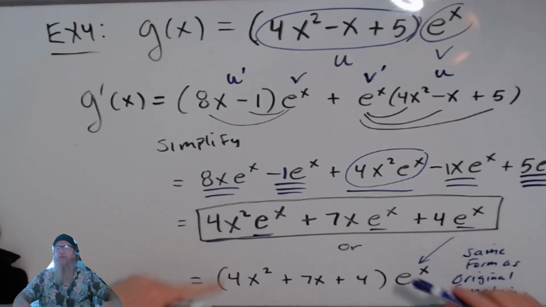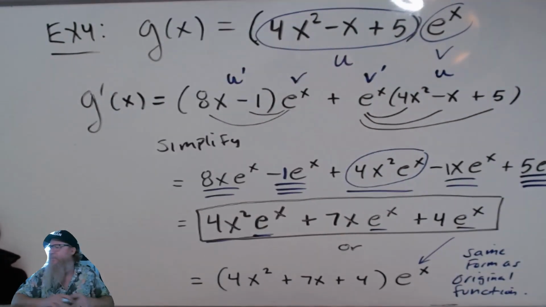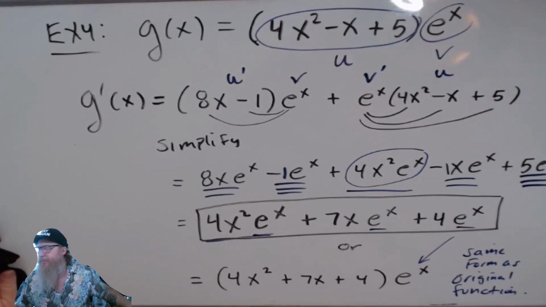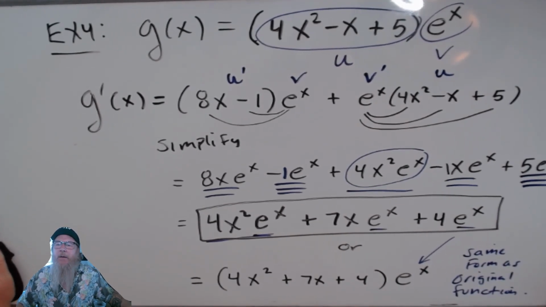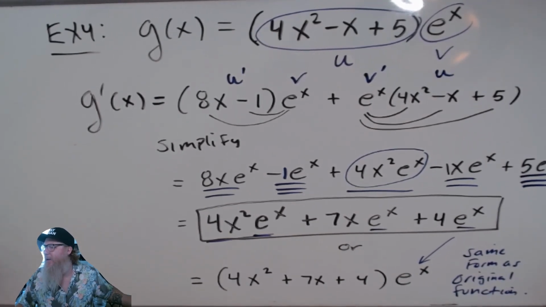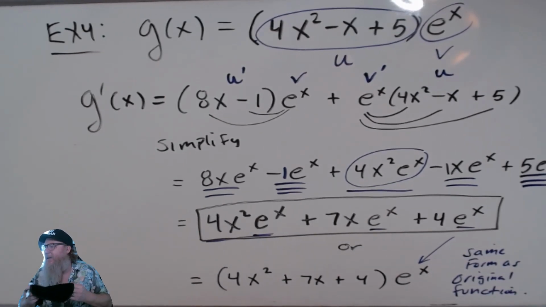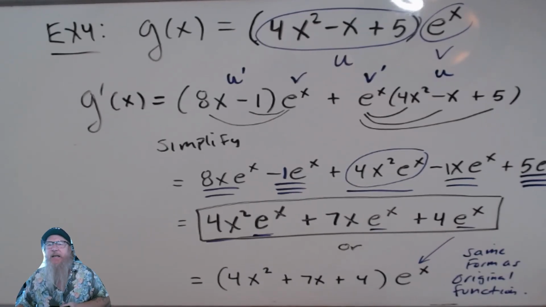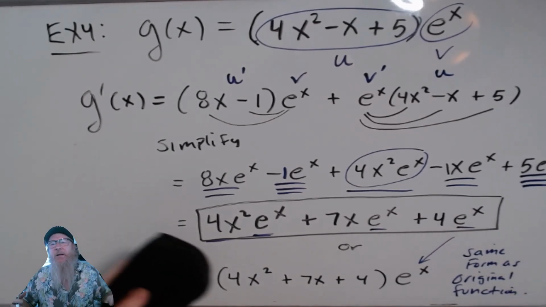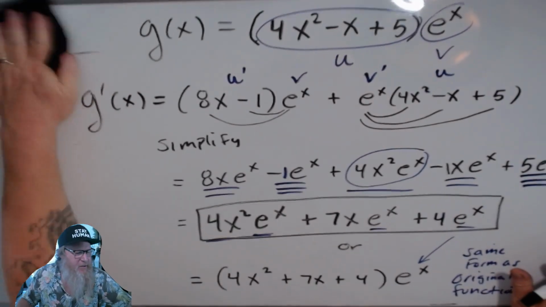Either one, I don't care. They mean the same thing. So that's the product rule. Now, the only thing that could get strange with the product rule is if I don't give you one of the functions.